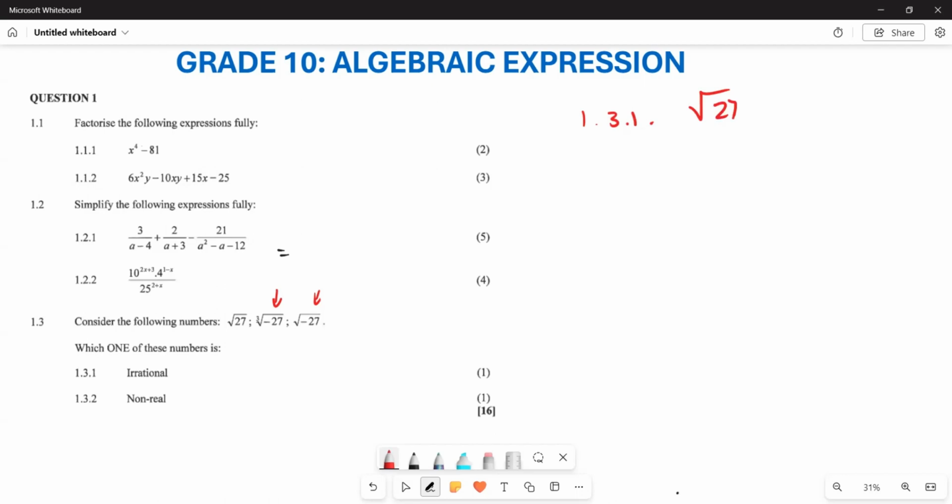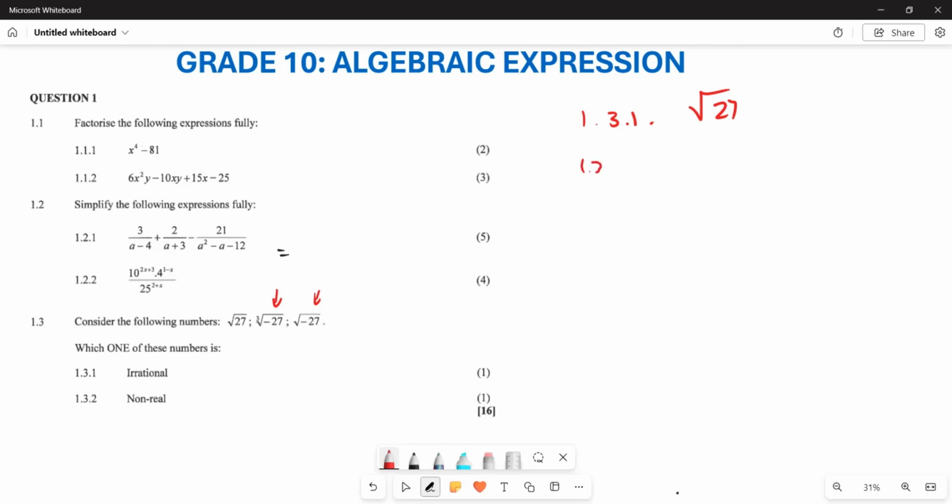Your irrational number is going to give you decimals. When you say root of 27, it is given by 3 root 3, which is the same as 5.196152423, right? So yes, this is going to be an irrational number.